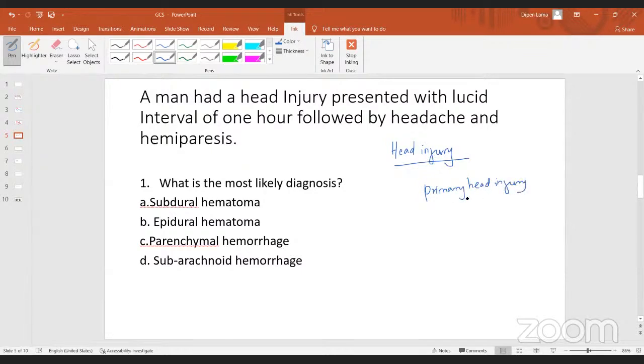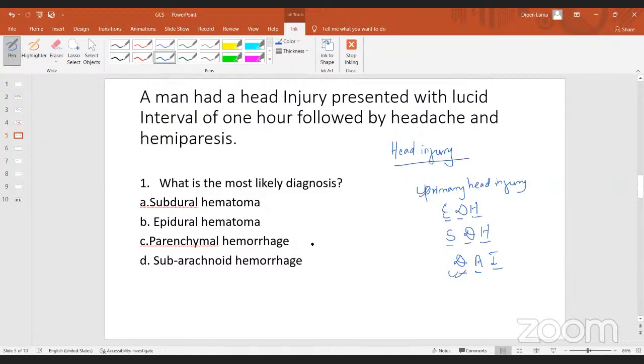That is, you should know EDH, epidural hematoma or extradural hematoma. You should know the subdural hematoma. And primary head injury also includes diffuse axonal injury, DAI.